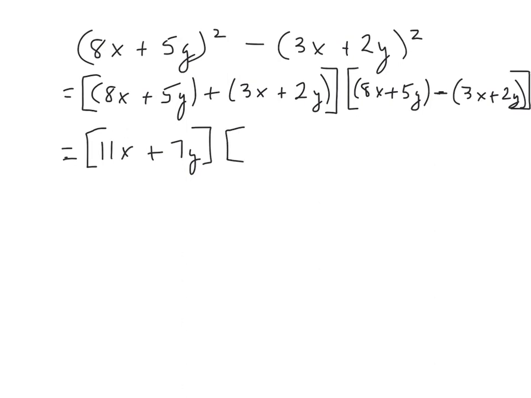And inside the second set of brackets, we might take an extra step on this one just because of the minus here that needs to be distributed. So let's take one extra step to do this one. We have 8x plus 5y minus 3x minus 2y.